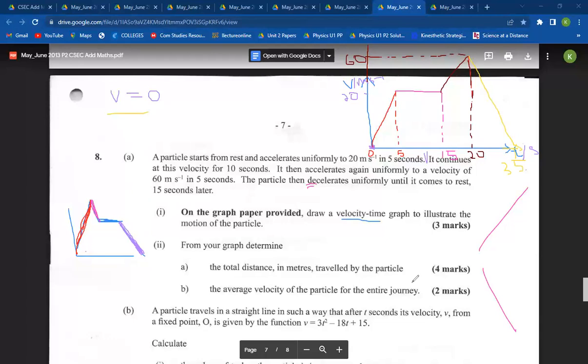That's just what your graph should look like when you actually draw it to scale. Are you good with that? Yes or no? Yes. Okay, what about the other people? Okay.